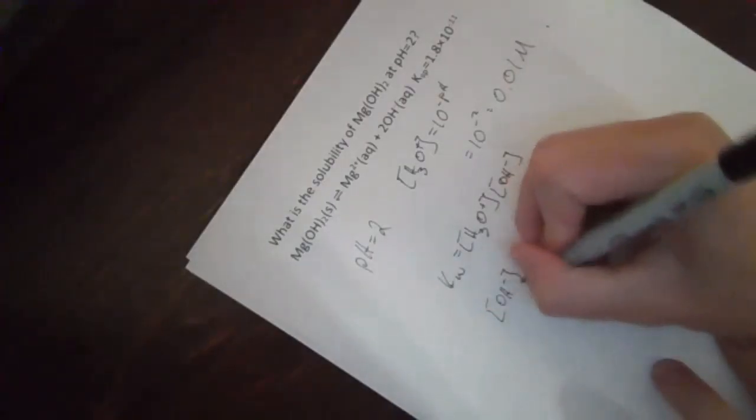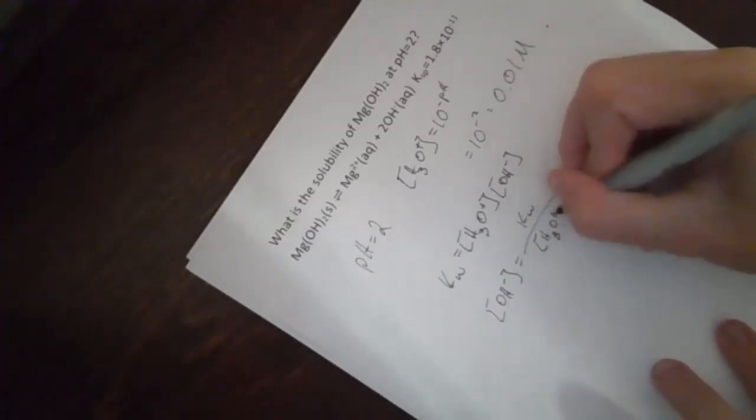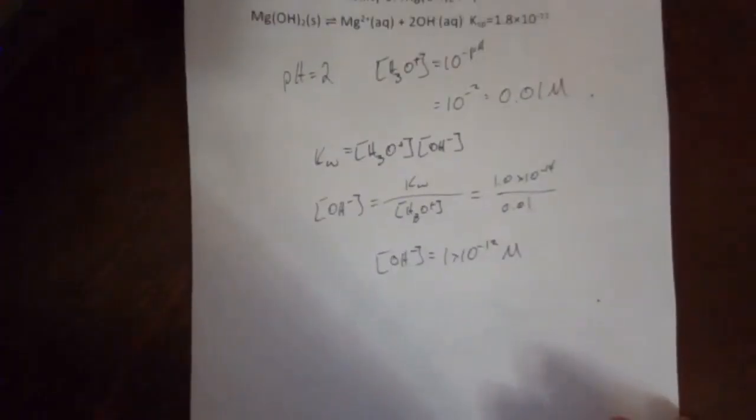So the concentration of hydroxide in this solution is Kw divided by the concentration of hydronium. We can plug in the constant for Kw, and then the 0.01 we just calculated. That tells us that the concentration of hydroxide for a pH equals 2 solution is 1 times 10 to the negative 12 molar. So the concentration of hydroxide is going to be really, really low in this case.